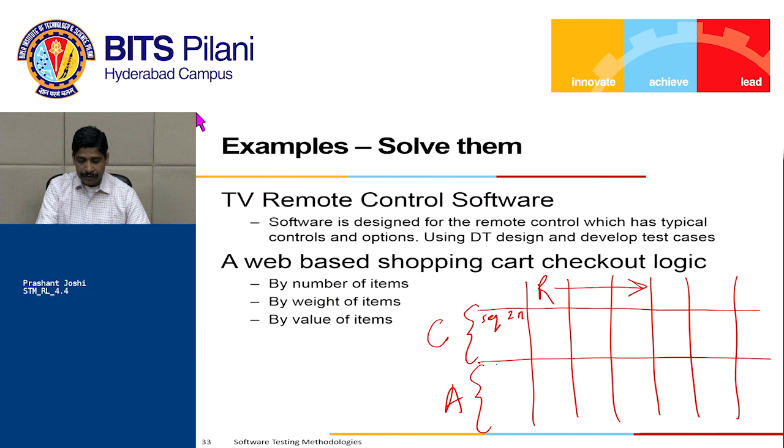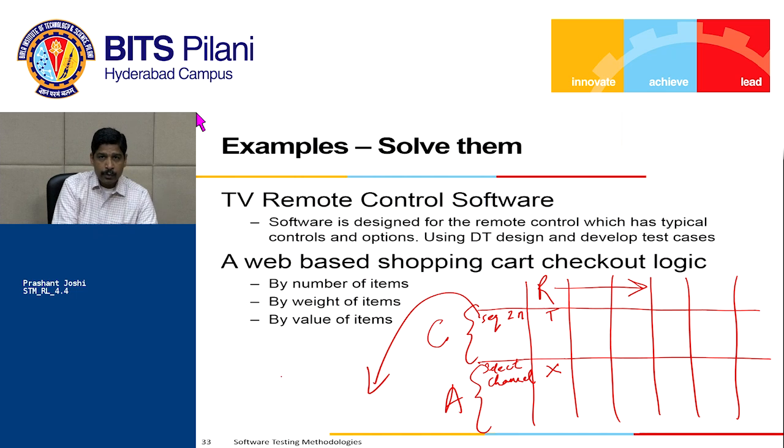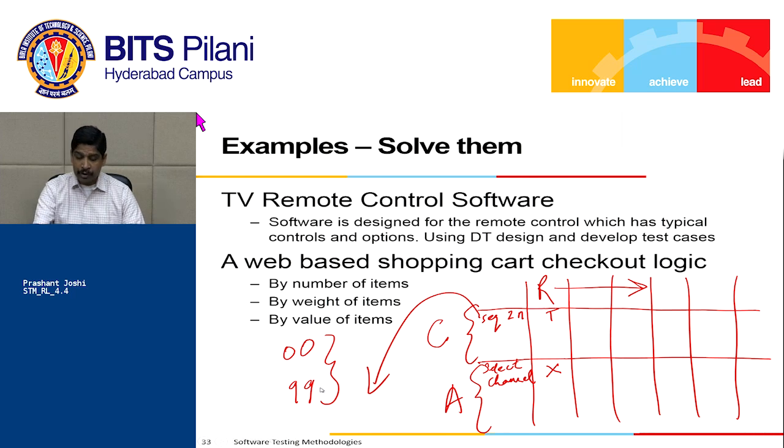Action should be select channel. I make it true, channel should get selected. This leads to an input which could be right from 00 to 99 combinations. So now you know that this rule 1 will work and have up to 100 test cases, 00 to 99.